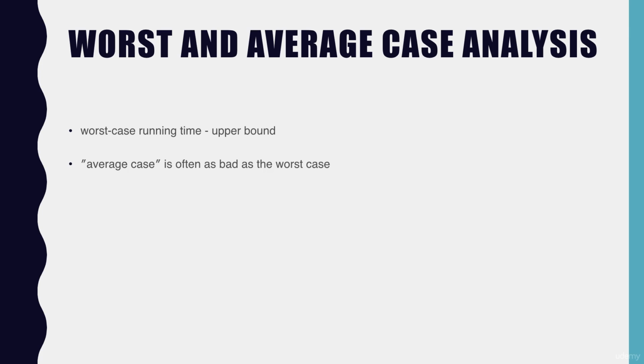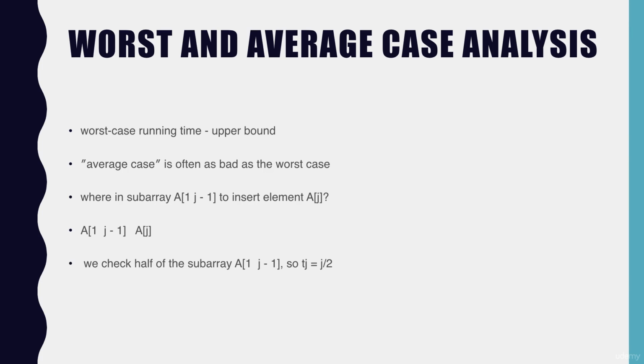Suppose that we randomly choose n numbers and apply insertion sort. How long does it take to determine where in subarray A[1 to j minus 1] to insert element aj? On average, half the elements in A[1 to j minus 1] are less than aj and half the elements are greater.